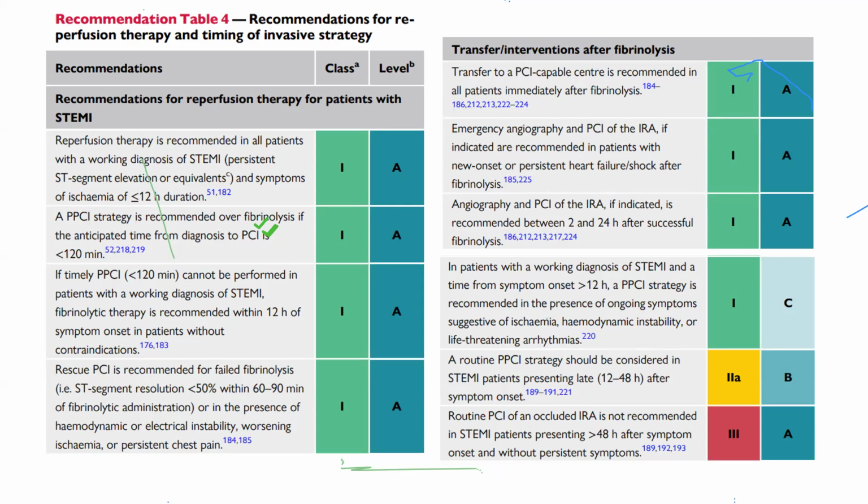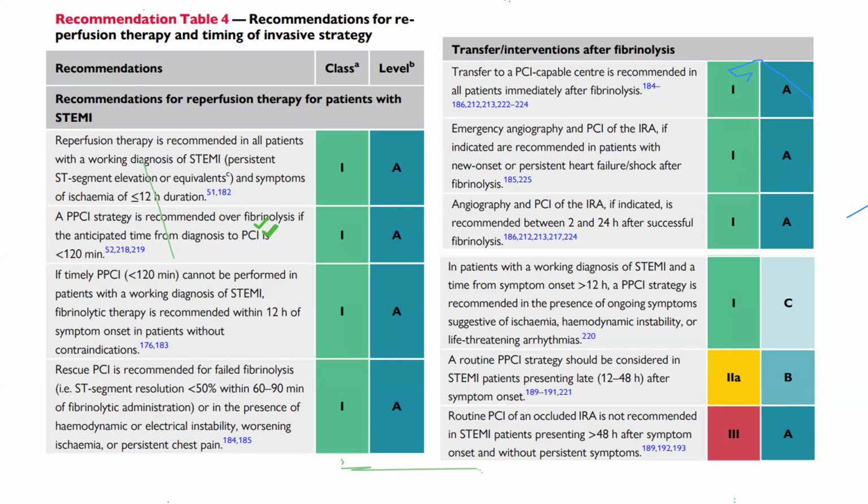However, routine PCI of an occluded vessel is not recommended in STEMI beyond 48 hours without persistent symptoms. The reason is the OAT trial. So if you have a patient who has come with STEMI beyond 48 hours without persistent symptoms, that patient should not have a routine PCI. A routine primary PCI should be considered in STEMI patients between 12 to 48 hours after onset.